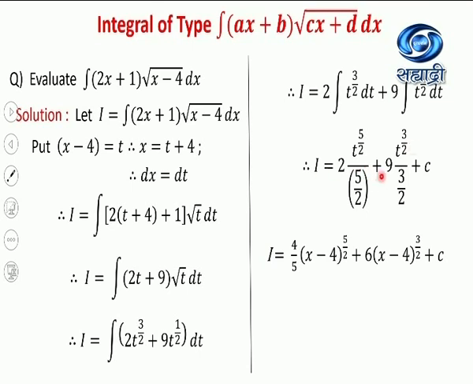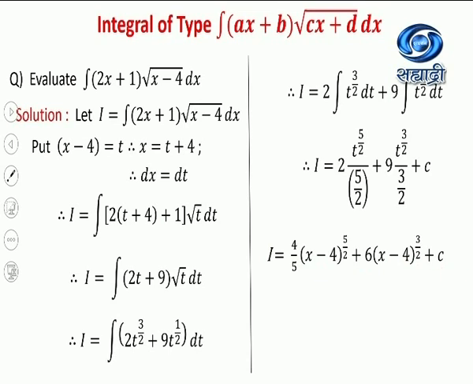So I equal to 2 into t raised to 5 by 2 upon 5 by 2 plus 9 t raised to 3 by 2 upon 3 by 2 plus c. Okay, now substituting t again, we get 4 by 5 x minus 4 raised to 5 by 2 plus 6 into x minus 4 raised to 3 by 2 plus c as the final answer.